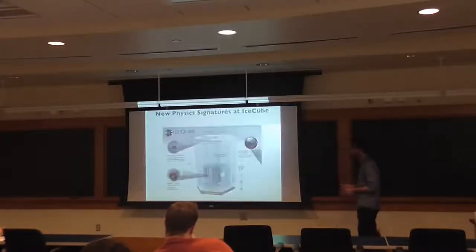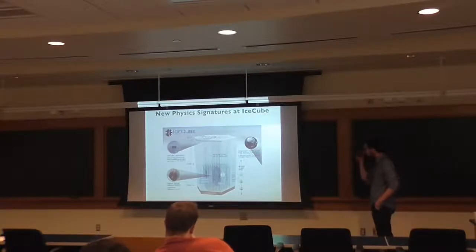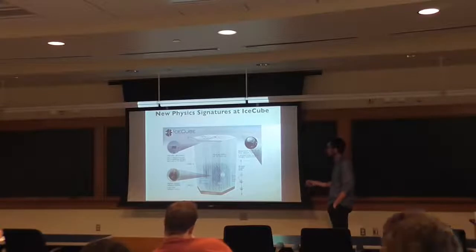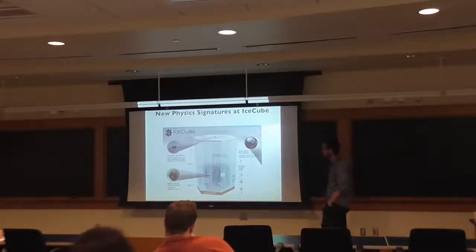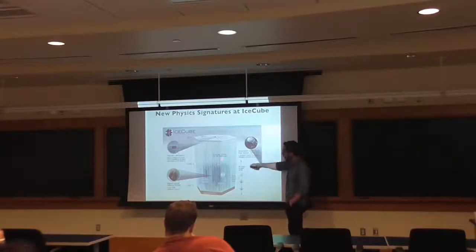So I'll just use natural neutrinos for this. The first probe I'll talk about uses the IceCube detector. This is a detector that's buried in naturally occurring ice in Antarctica. It's a cubic kilometer of instrumented ice, very, very pure ice that's itself a kilometer deep.